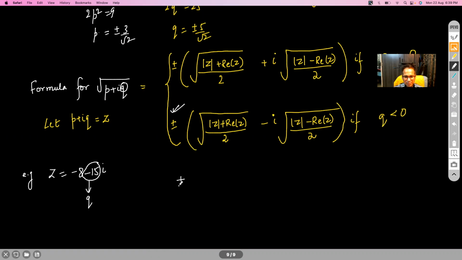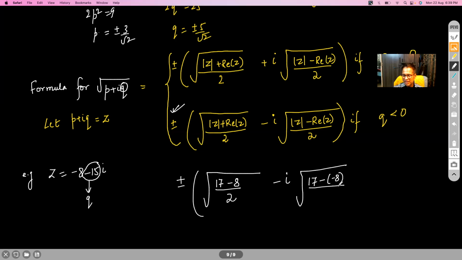So your answer will be plus minus under root of mod of this complex number, which is 10, plus real part of Z. Real part of Z is minus 8, divided by 2, minus i under root of mod of the complex number, which is 10 again, minus real part, minus minus 8, by 2.